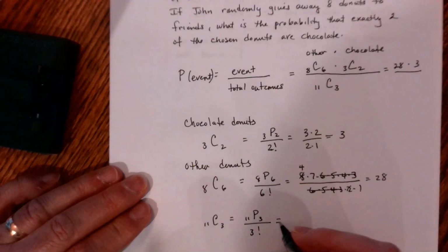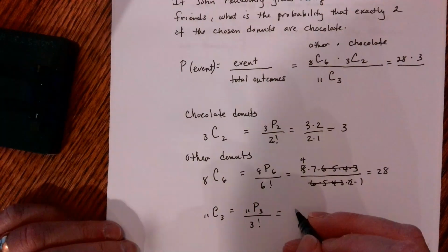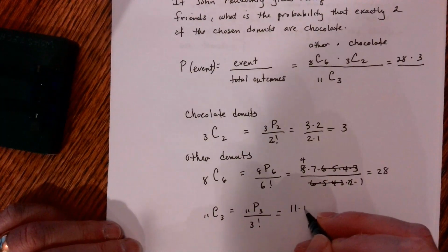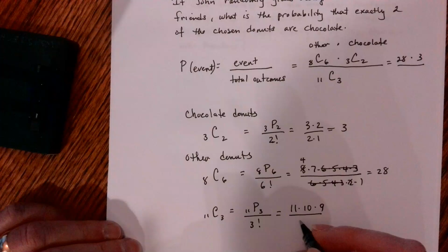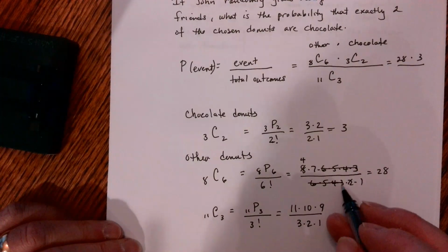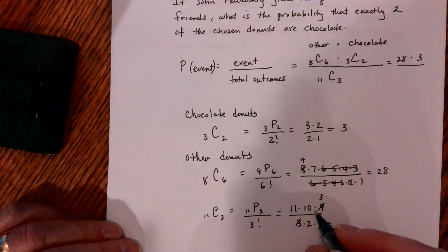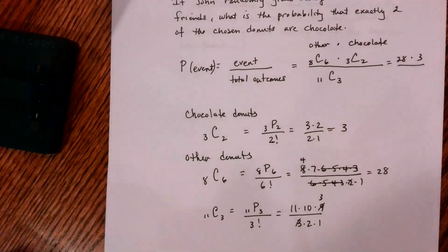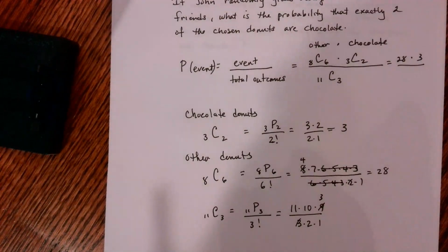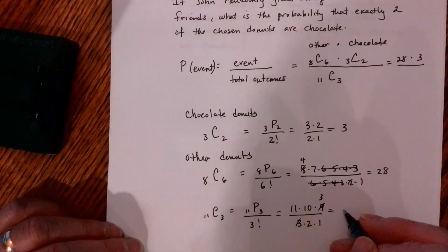Which is going to give me 11 times 10 times 9, all divided by 3 times 2 times 1. Well, 9 divided by 3 is 3. So I'm basically going to end up with 30 times 11, all divided by 2, which is 330 divided by 2, which is 165.